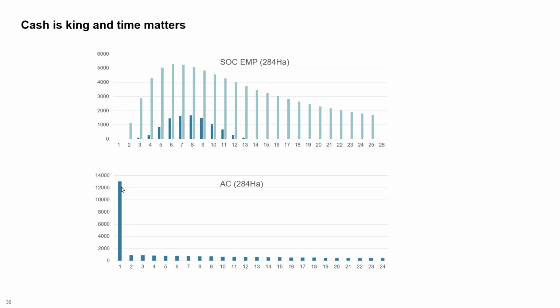And the extreme of that is the avoided clearing method, which is the graph at the bottom, where you have most of your ACCUs, say half of them, up front. The actual proportion of the ACCUs that you have up front depends on the age of your forest at the time of declaration.